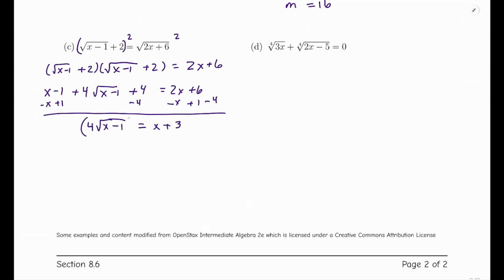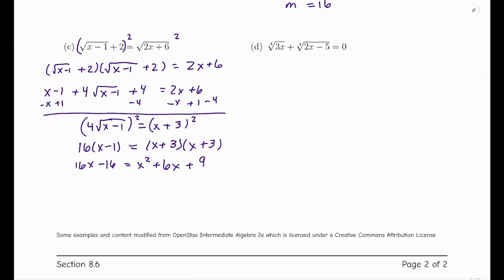Now I'm going to square both sides. This becomes 16 times x minus 1 equals x plus 3 times x plus 3, which is 16x minus 16 equals x squared plus 6x plus 9.